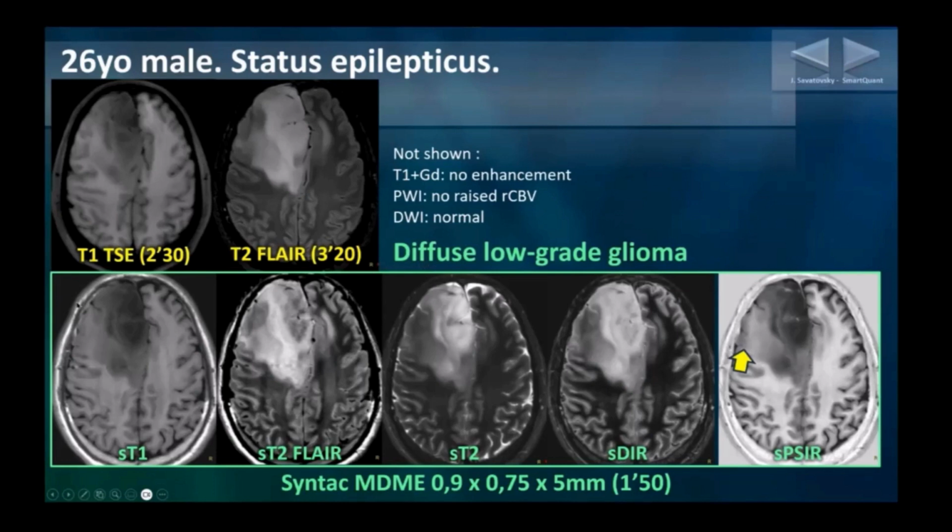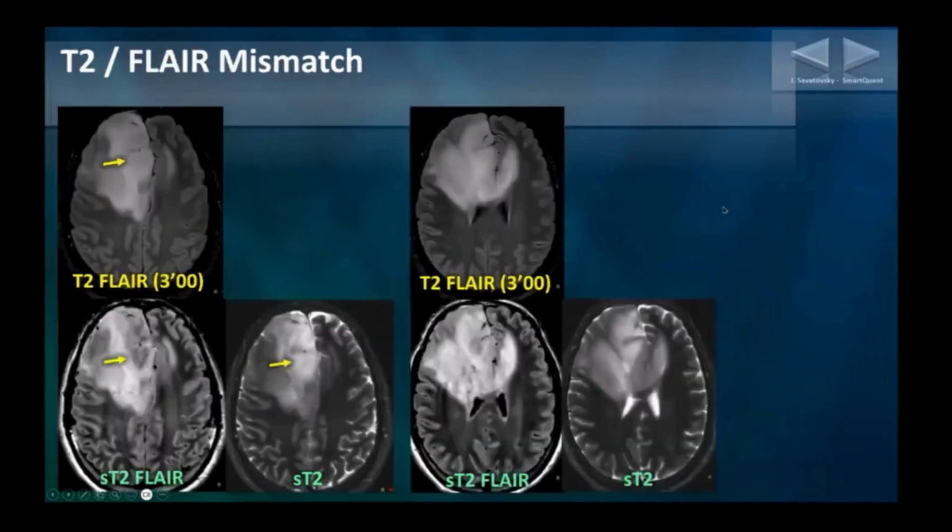And as you can see with the synthetic weightings, we don't have much additional information. Maybe we see a little more on the SIR sequence, the blurring between the gray matter and white matter in some areas where the involvement was not that clear on the FLAIR sequence, but basically it doesn't change our diagnosis.